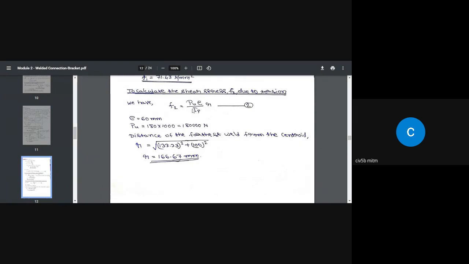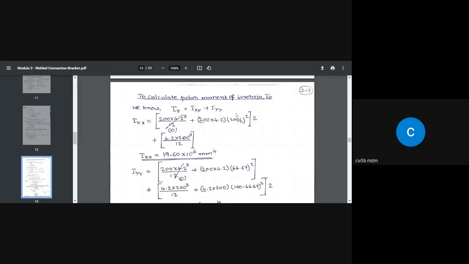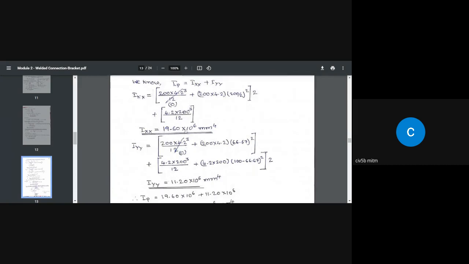In this equation, another thing we need to find out is IP, the polar moment of inertia of the weld, where IP equals IXX plus IYY. Again, apply the parallel axis theorem about the horizontal axis and find the moment of inertia of the weld about the XX axis. The way we did for the previous examples, finally I got the value of IXX equal to this much.